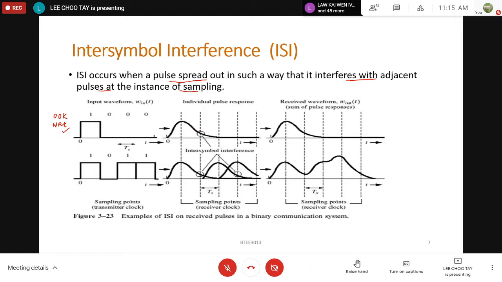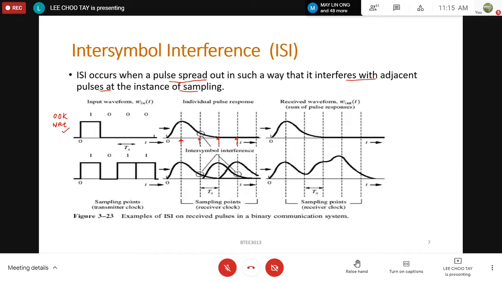It may look like this, and these dotted lines are the sampling instants at the receiver. You need to check, at the point of sampling, if there is amplitude, a certain power, that means this is a binary one.